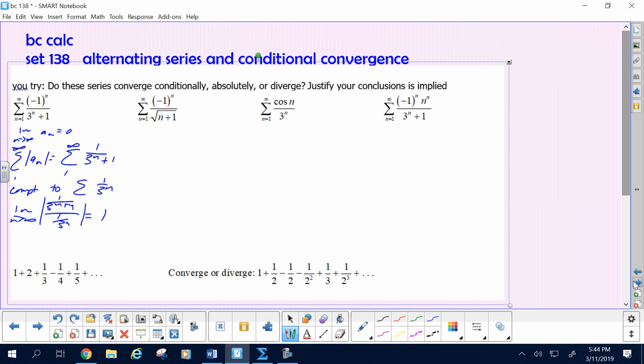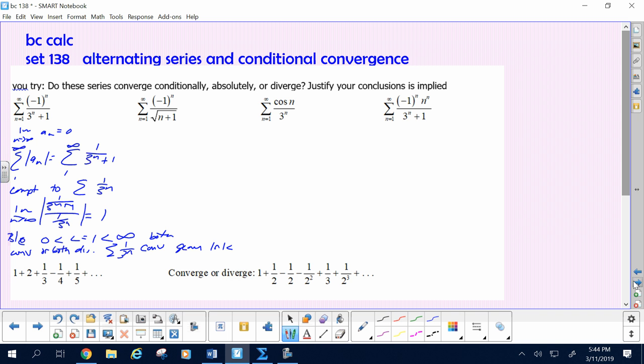And because that limit is between 0 and infinity, both converge or both diverge. 1 over 3 to the n converges because it's geometric with an r equal to 1/3, which is less than 1. So we can conclude, therefore, that the alternating series converges absolutely.